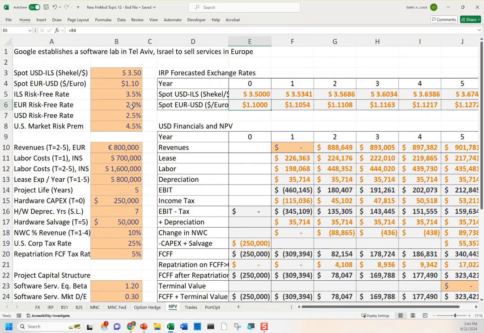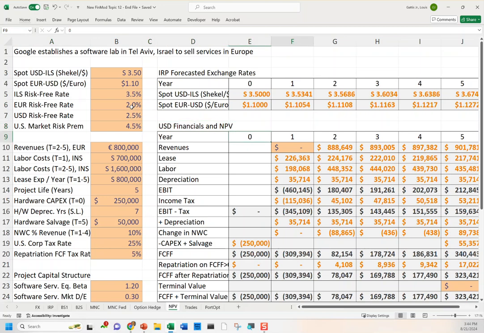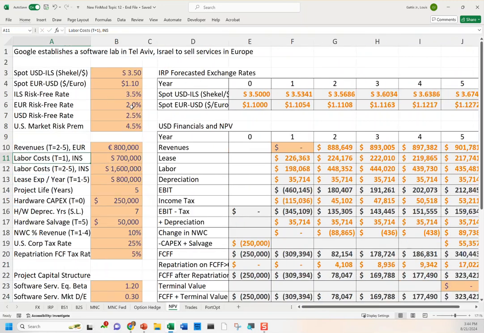And here is the current spot price of the euro, $1.10, and then multiply that times 1 plus the dollar interest rate over 1 plus the euro interest rate to get forecasted exchange rates in the future. Therefore, I can then convert my 800,000 euros and my shekel costs, my labor costs or my lease expense and so on, using the different exchange rates.